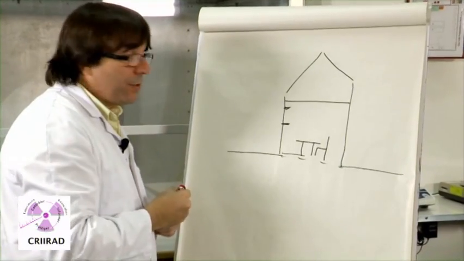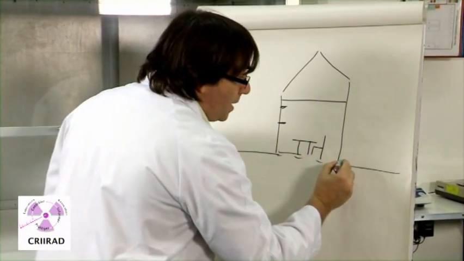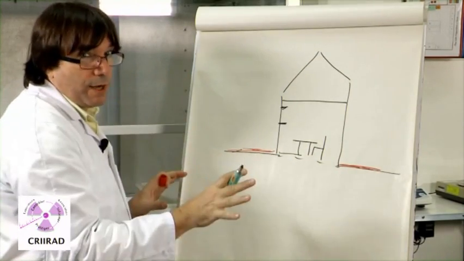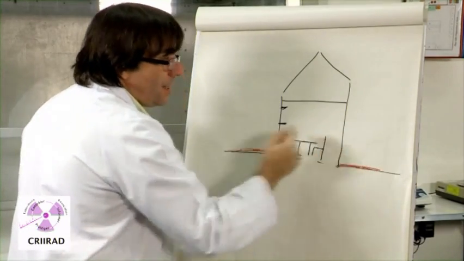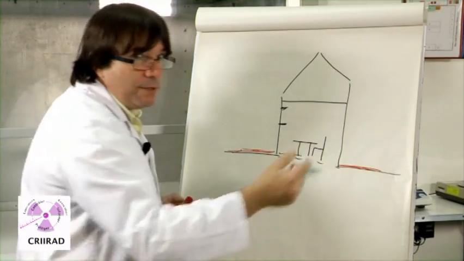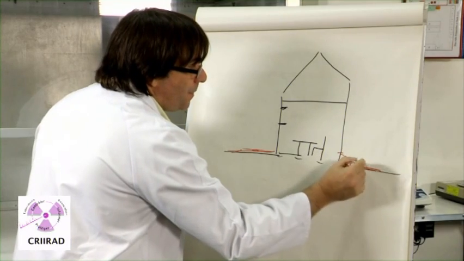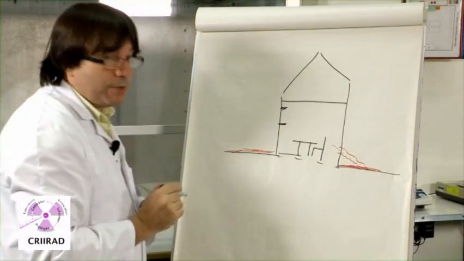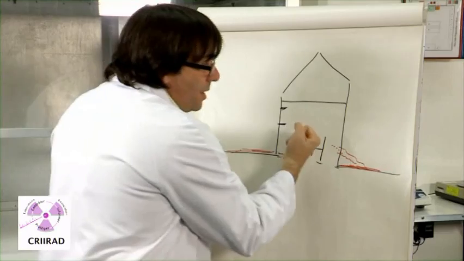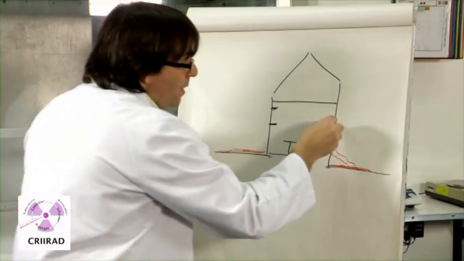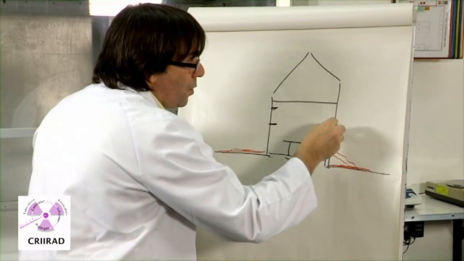The first reason for that is the fact that if you have a contamination of the soil outside your house, the gamma radiation that is emitted by cesium and iodine from the soil will partly enter your house. The degree of radiation inside the house will depend on the material of your walls.